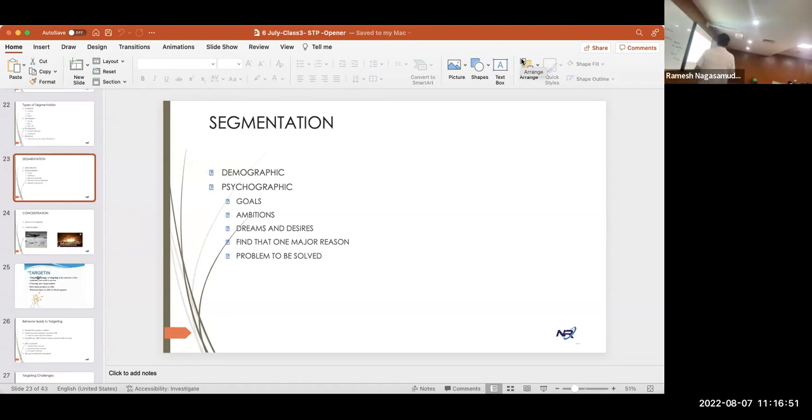So anyway, the point is, I wanted you guys to understand segmentation in greater detail. Segmentation is demographic and psychographic very much, because each of us has some goals and aspirations. Companies have goals and aspirations. Why don't you buy my IT software, which will improve your efficiency by 15%?